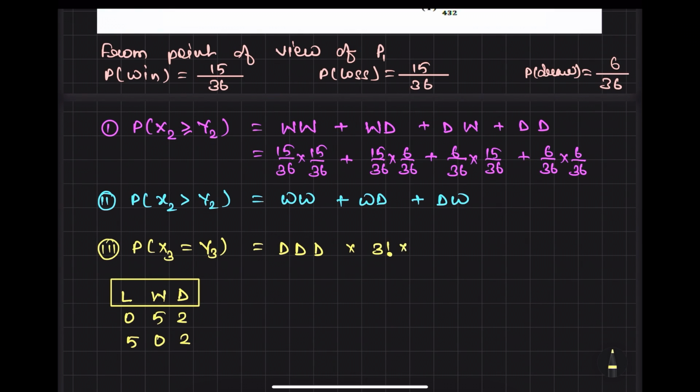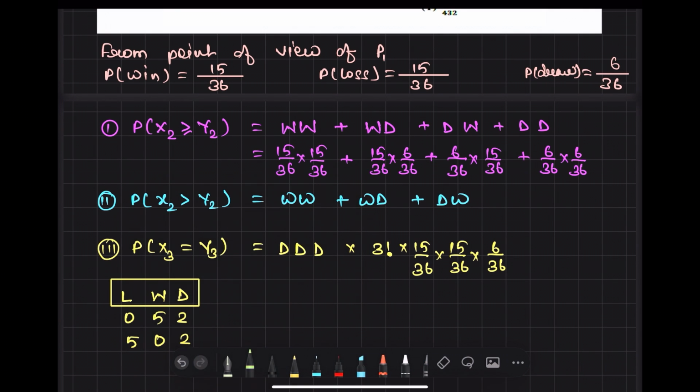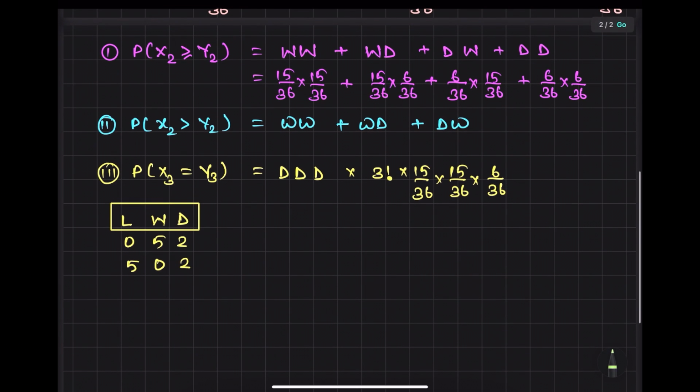Okay. So for win it is 15 by 36. For lose 15 by 36. And for draw it is 6 by 36. So this is the case when we will be equal. I hope the idea is clear. Okay, now let's jump on to the fourth part.